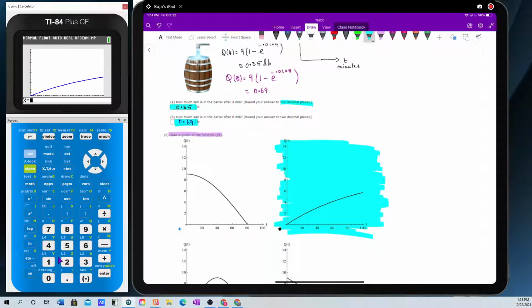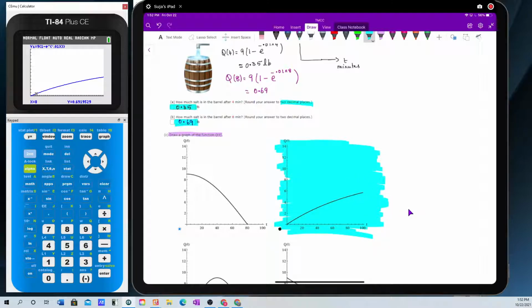When x is 4, I need what my y value is. I'm looking for 0.35, and it's 0.352, the same thing I got the other way around. Again, when x is 8, my y is 0.69, which I got the same. So I checked these values by 2 methods. I did it algebraically, and also from the graph.